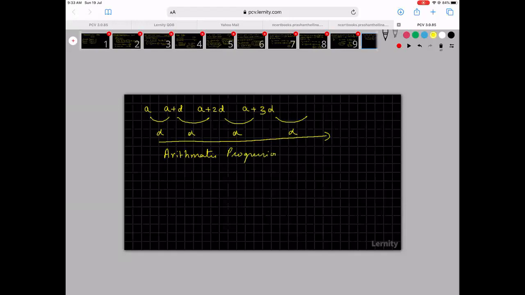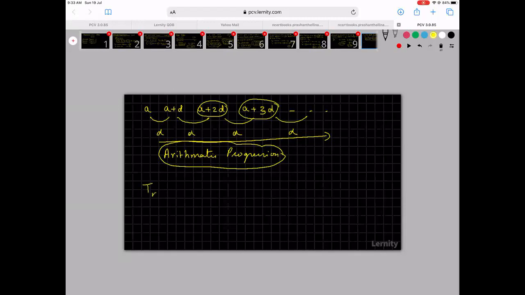So in an arithmetic progression, the difference between adjacent numbers will be the same. So if one number is A, the other is A plus D, the next one is A plus 2D, the next one is A plus 3D, and so on. So if this is the situation, then we have an arithmetic progression.